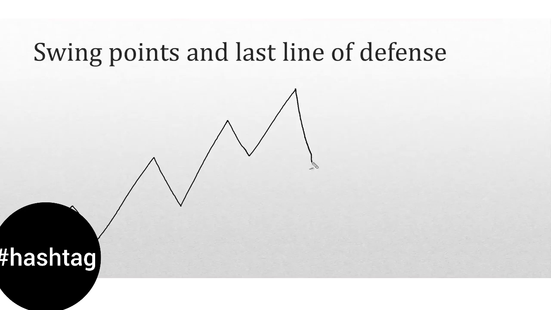If the market now comes down lower and goes up here, this level over here could be what I call the last line of defense, because if the price were to break and close below this area of support, that is where I can conclude that this market might potentially move into a declining stage, a downtrend. This is what I call the last line of defense, the point on your charts where, if the price breaks out of it, it would change the dynamic of the market. It would change the direction of the trend, or it would confirm the direction of the trend.